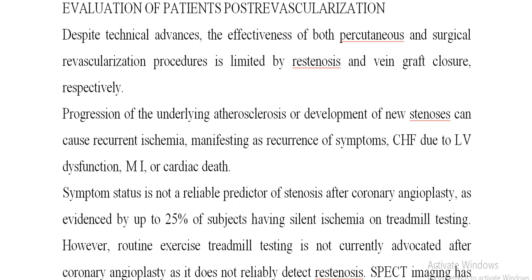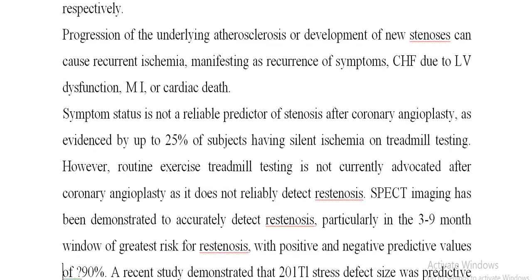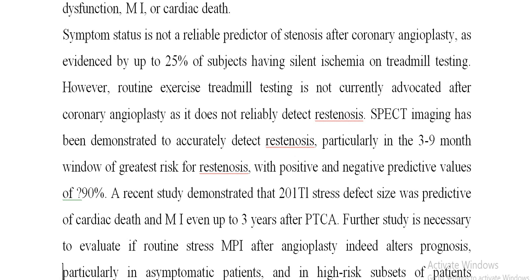However, routine exercise treadmill testing is not currently advocated after coronary angioplasty as it does not reliably detect restenosis. SPECT imaging has been demonstrated to accurately detect restenosis, particularly in the 3 to 9 month window of greatest risk for restenosis, with positive and negative predictive values of 90%. A recent study demonstrated that 201Tl stress defect size was predictive of cardiac death and MI even up to 3 years after PTCA.